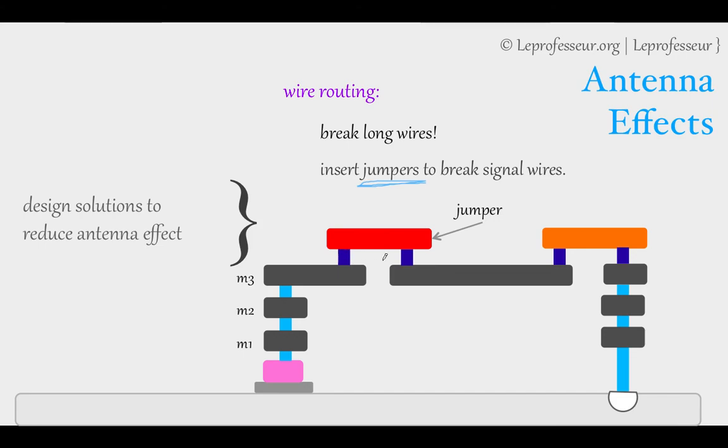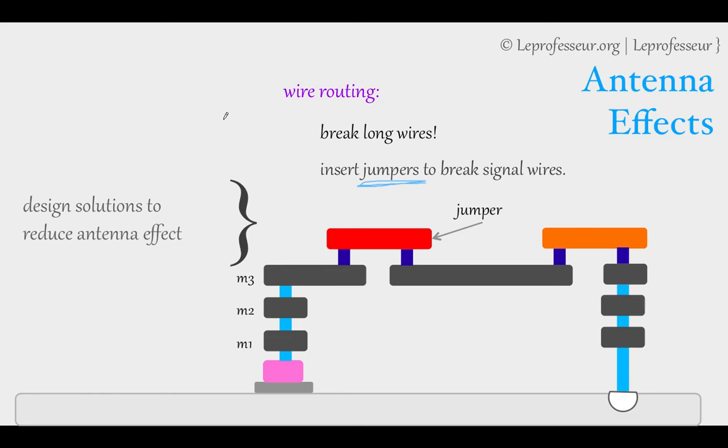So this is a contact, connected via jumper at a higher metal layer, or a higher layer, may not be metal, depending upon at which layer you are. So the idea is simply to break the long wire.